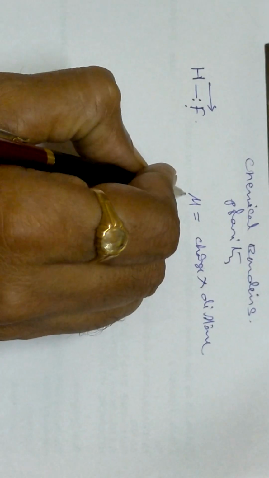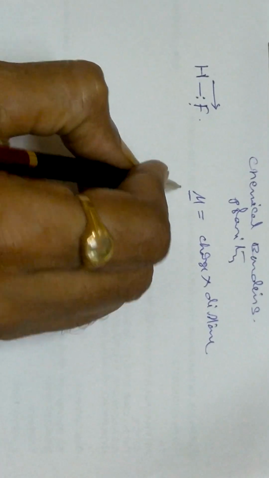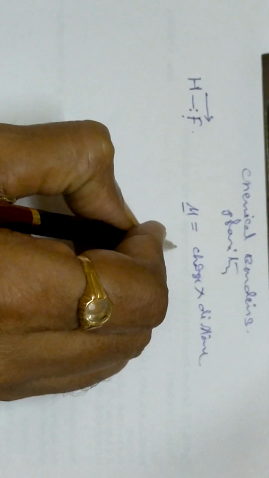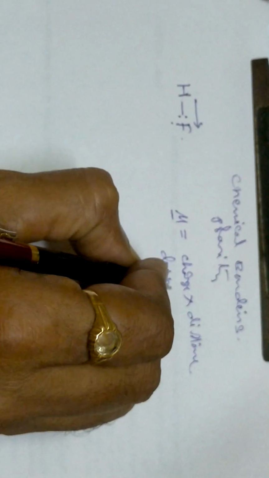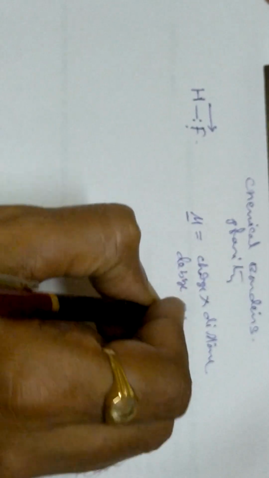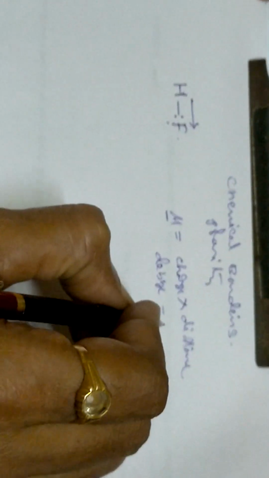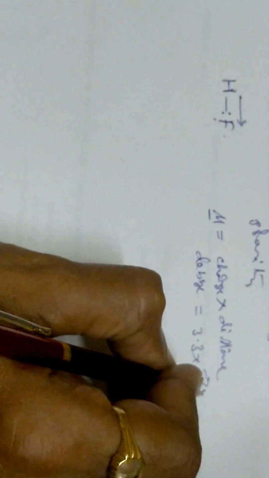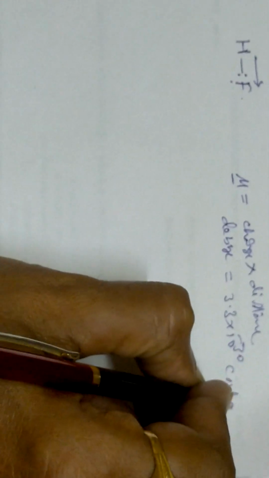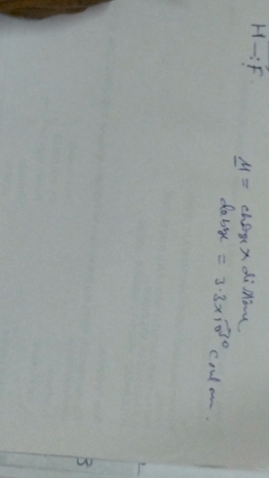Mu is the dipole moment, and the unit is the Debye, named after the scientist Debye. 1 Debye is equal to 3.3 into 10 to the power of minus 30 coulomb meter. So this will be the dipole moment.